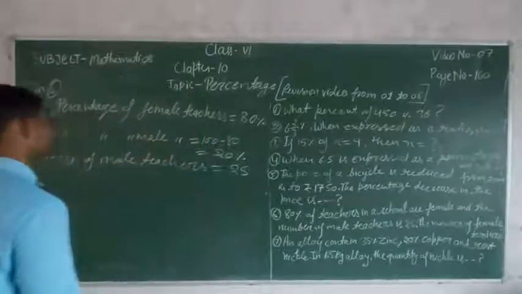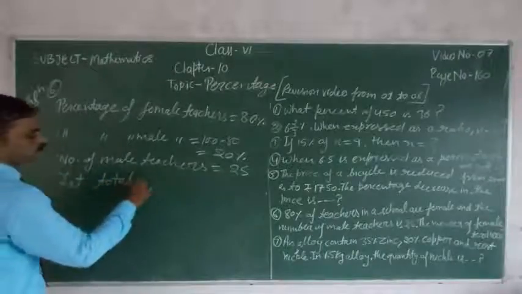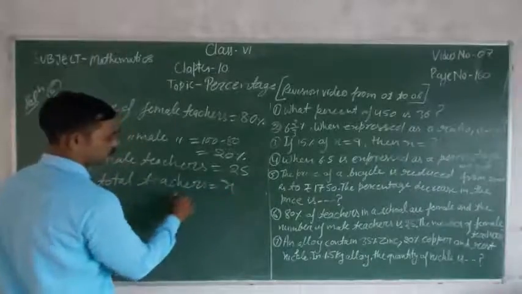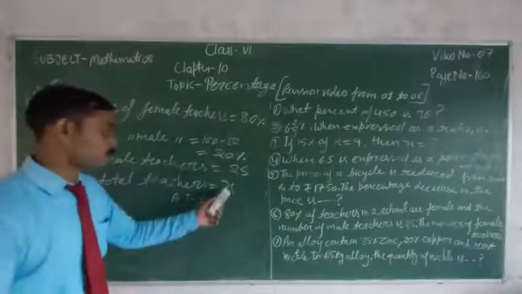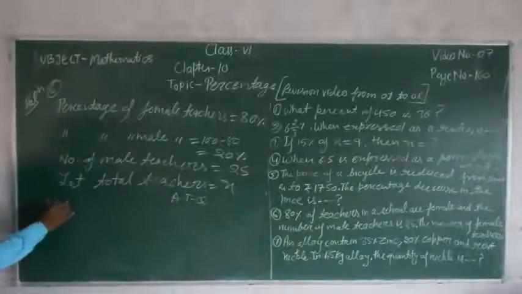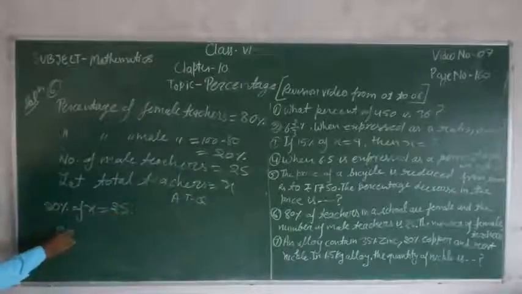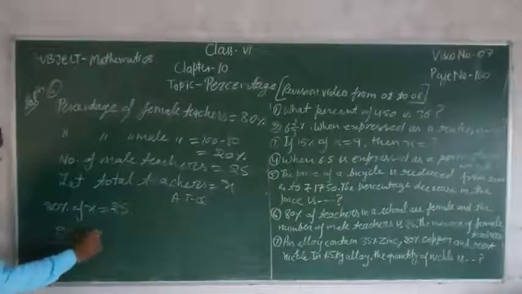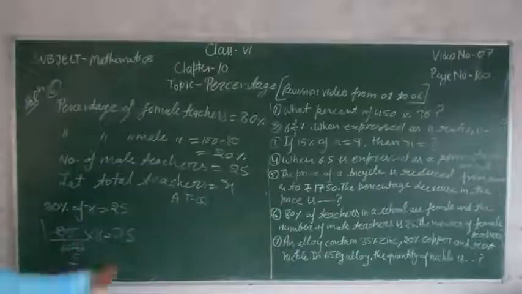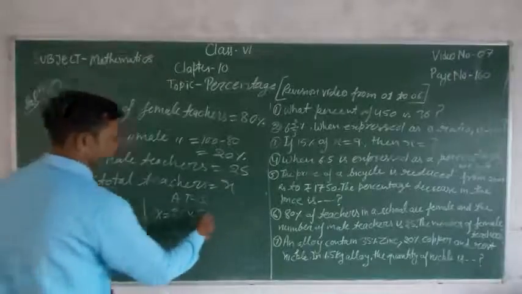Now let the total teachers be equal to X. Now following the question, it means 20% of X is equal to 25. 20 upon 100 multiplied by X equals 25, 20 with 20, and finally we have X is equal to 25 into 5, that is 125.